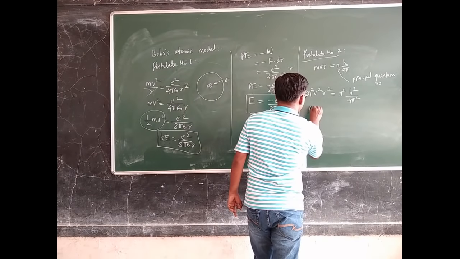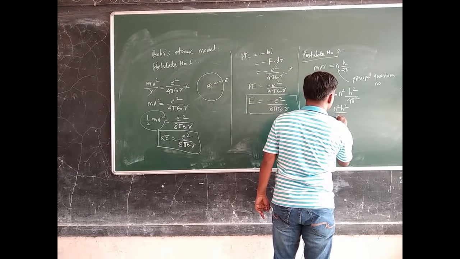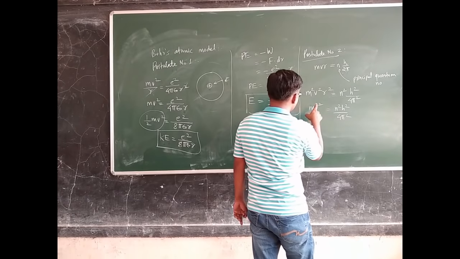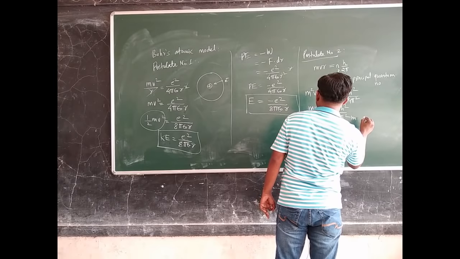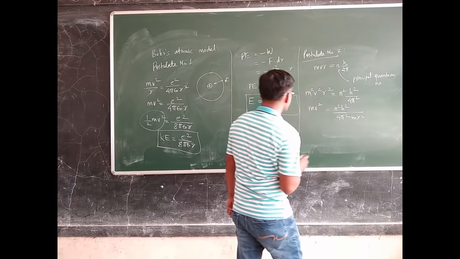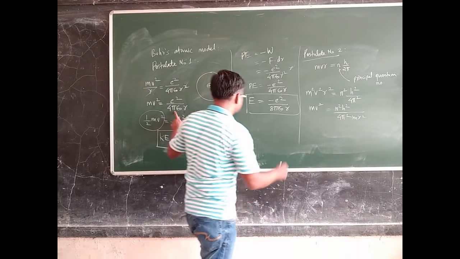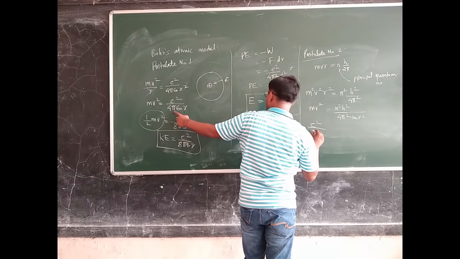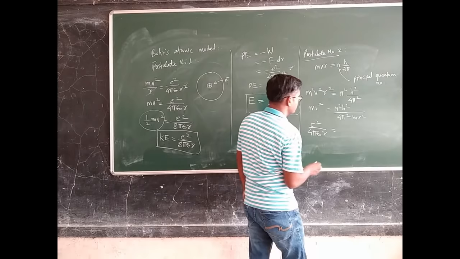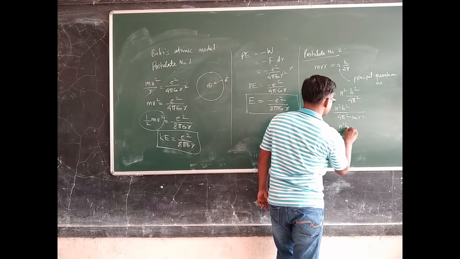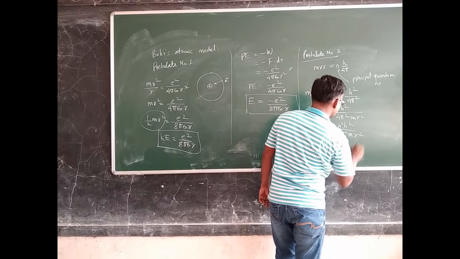We need m into v square, which is equal to n square h square divided by 4 pi square m r square. So instead of m into v square we put this value. Therefore e square divided by 4 pi epsilon 0 times r is equal to, the same quantity, n square h square divided by 4 pi square m into r square.